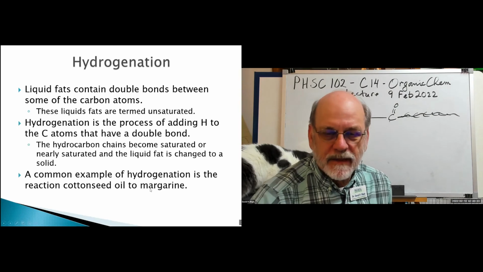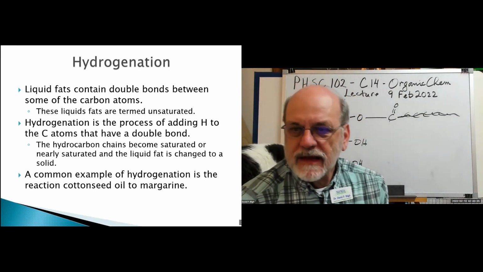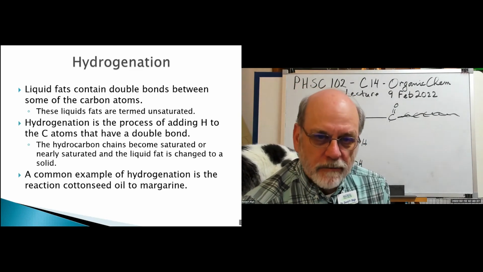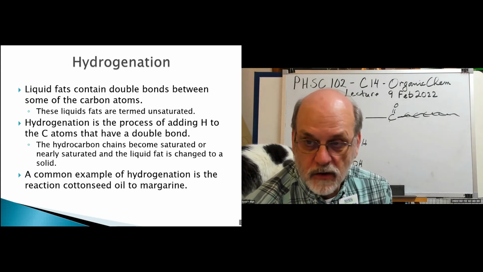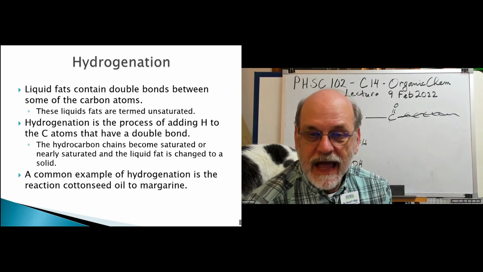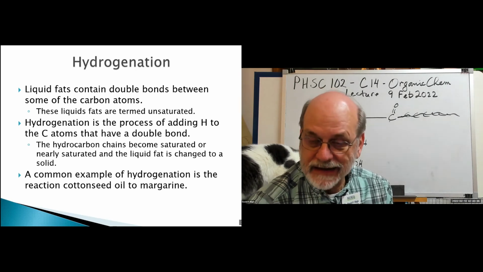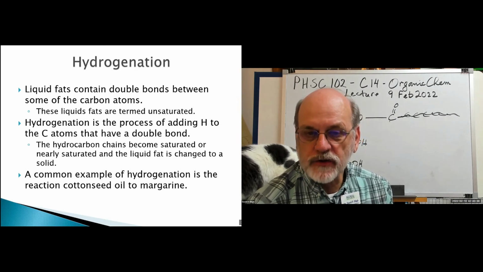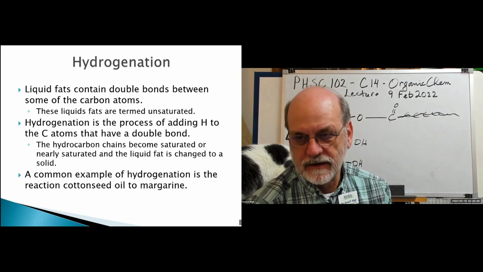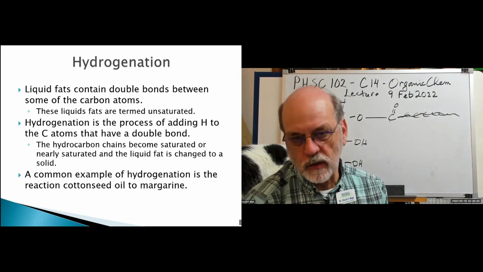Okay, so we mentioned this earlier. If you have an alkene or an alkyne and you want to saturate it with hydrogen, you can do that catalytically speaking. That's also known as hydrogenation. You're adding hydrogen to the molecule.